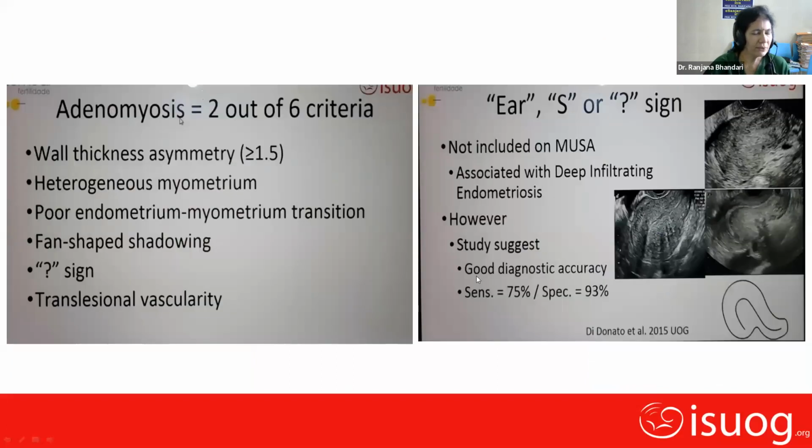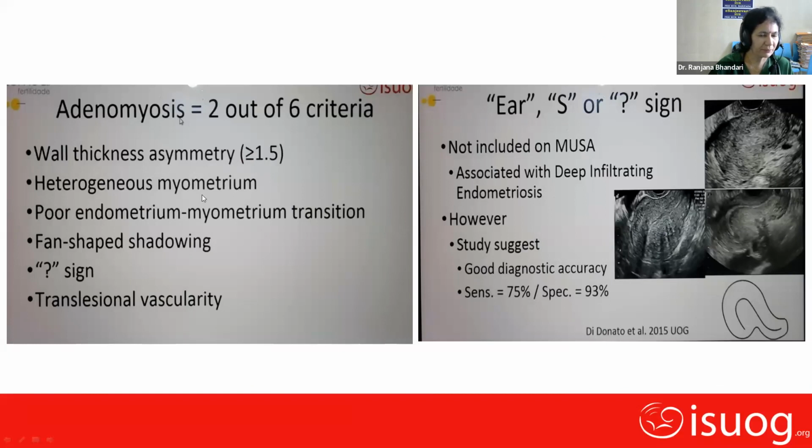So for adenomyosis, if 2 out of 6 criteria are present, we can assign it to be a case of adenomyosis. One is wall thickness asymmetry, that is anterior myometrial thickness and posterior myometrial thickness. If the comparison is more than 1.5 times, then it is one criterion for adenomyosis.